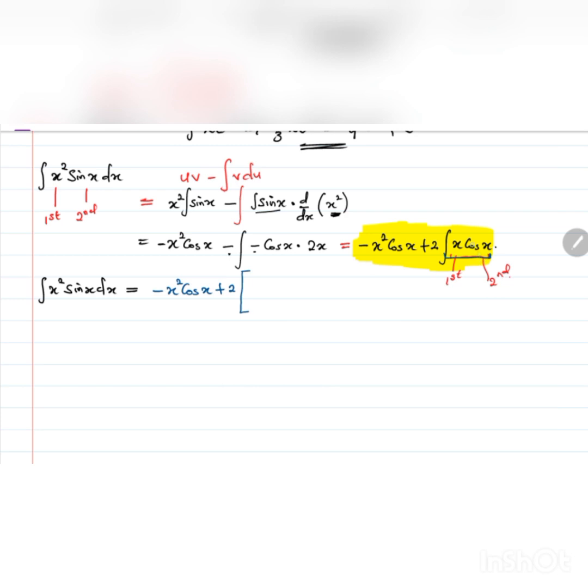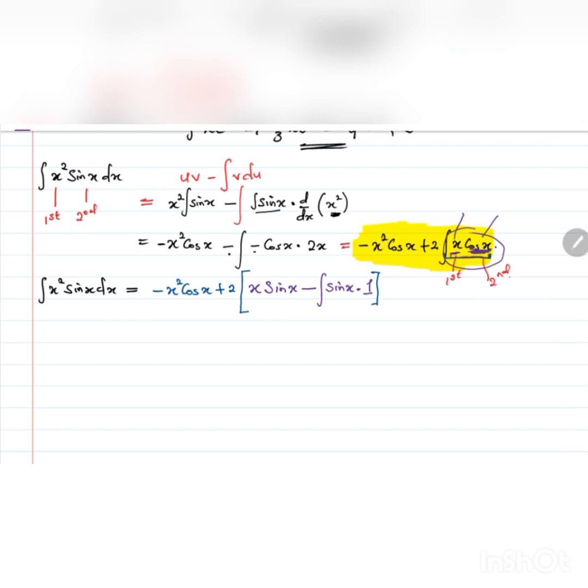Now applying integration by parts on this alone, where x is the first function and cos x is the second function, using the formula, write the first function x, integrate the second function. If I integrate cos x, that will give us sine x, minus the integral of, integrate the second function, sine x, differentiate the first function. If I differentiate x, I have 1. Okay, so let's close the bracket.